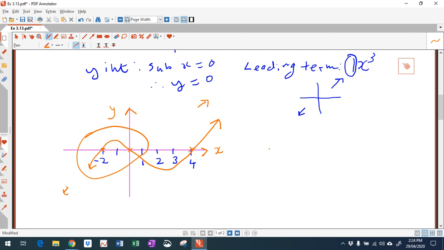So I would say the curve is concave down.